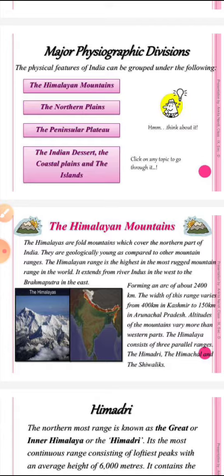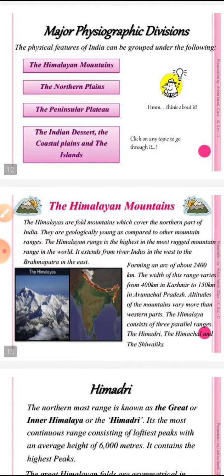These mountains run in a west-east direction from the Indus in the west to the Brahmaputra river in the east. They lie like an arc along the northern frontier of our country, and the total length is about 2400 kilometers, and the width varies from 400 kilometers in Kashmir to 150 kilometers in Arunachal Pradesh.